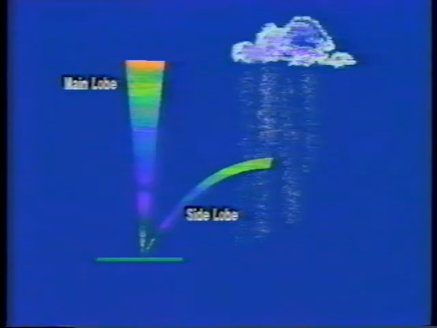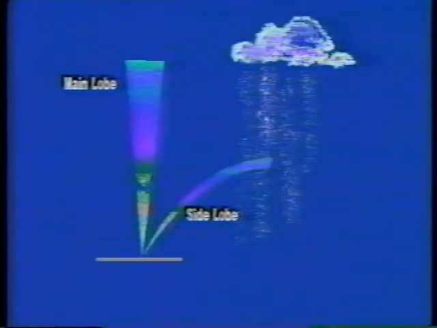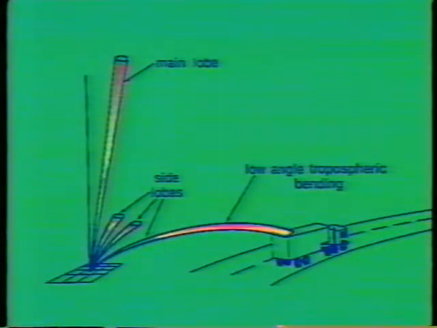However, the reflectivity of clear air is weak, and side lobe returns can overwhelm the main beam returns if the side lobe strikes a highly reflective object, such as a rain shaft, as shown in the first training video, or even a ground target like a building, tree, or truck.